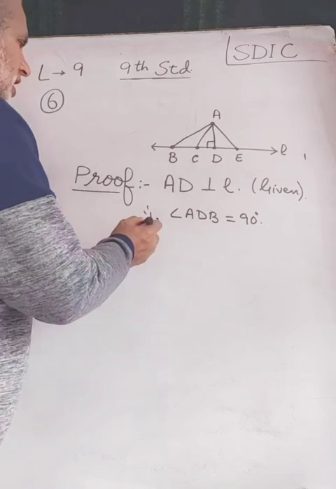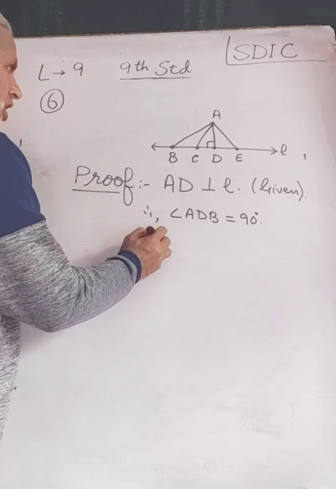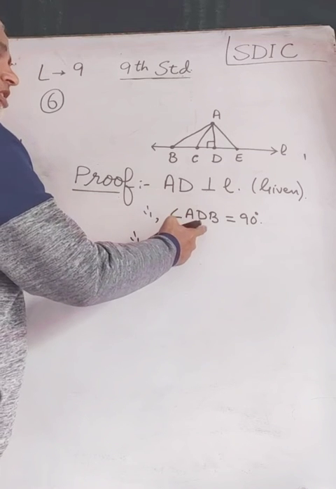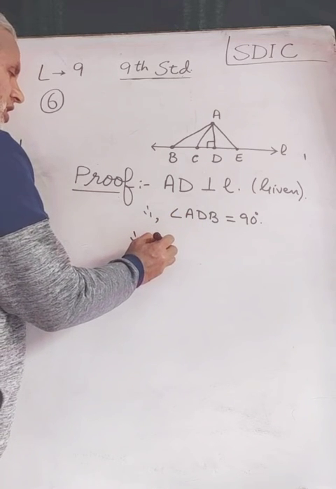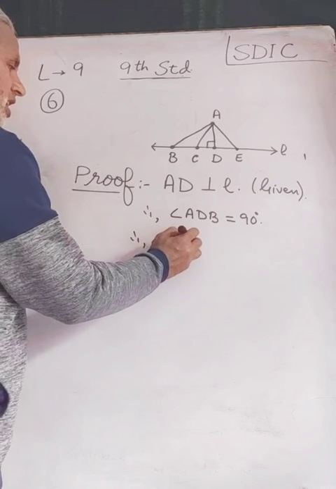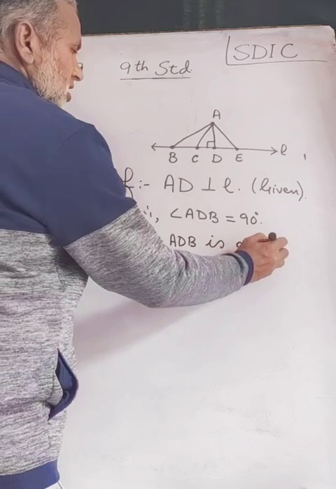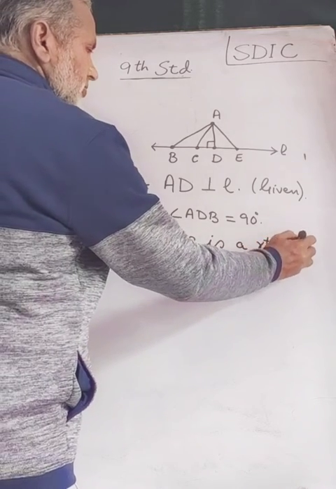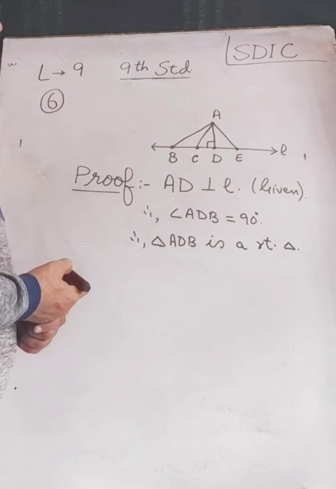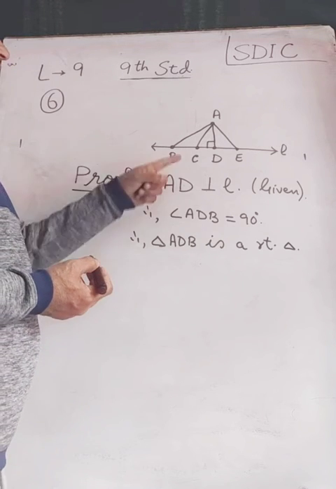That means triangle ADB is a right triangle. A triangle having one angle equal to 90 is called a right triangle. So ADB is a right triangle.